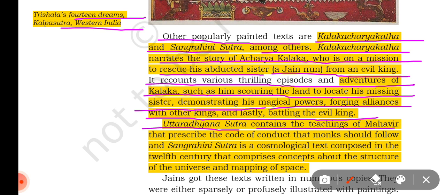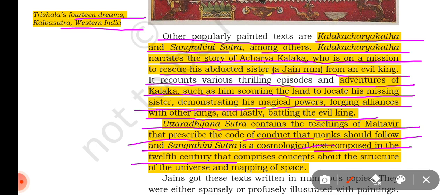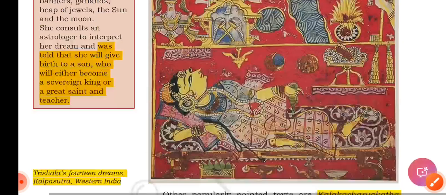Uttaradhyayana Sutra contained the teaching of Mahavir that prescribed the code of conduct that monks should follow, and Sangrahini Sutra is a cosmological text composed in the 12th century that comprises concepts about the structure of the universe and mapping of space.